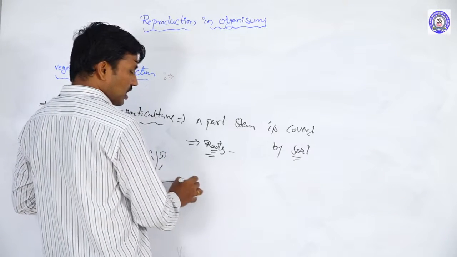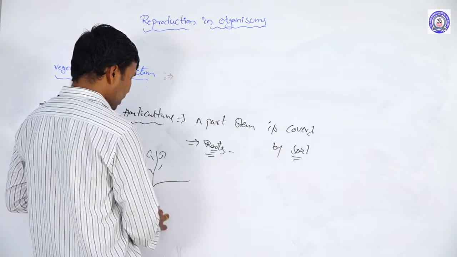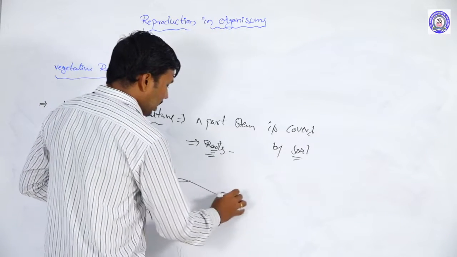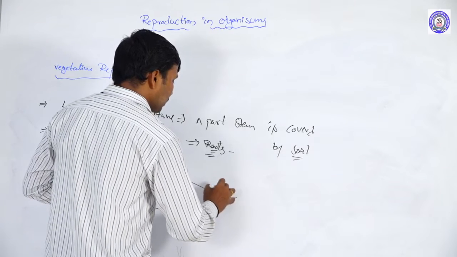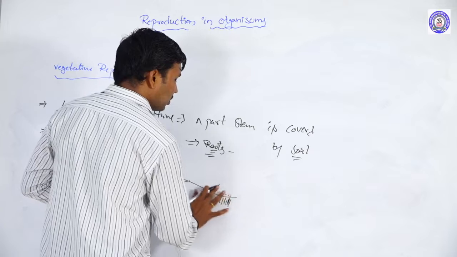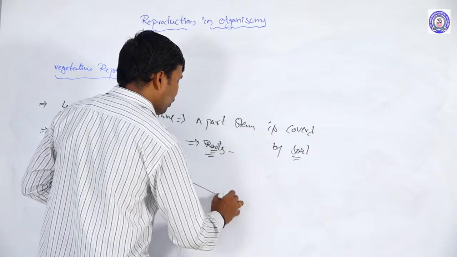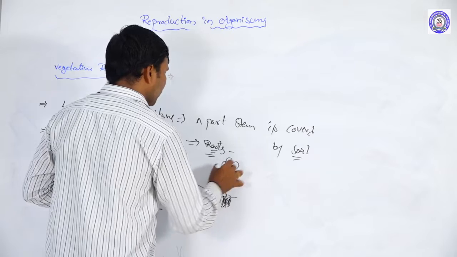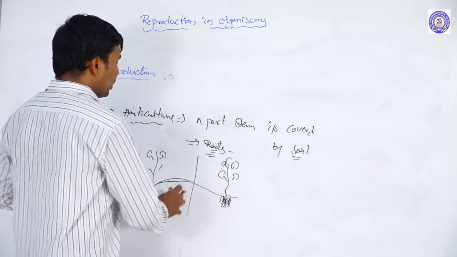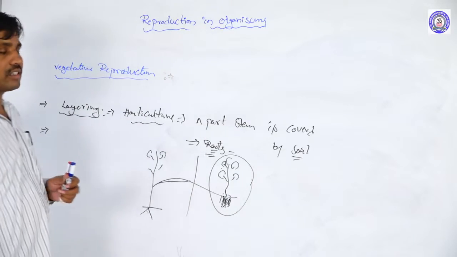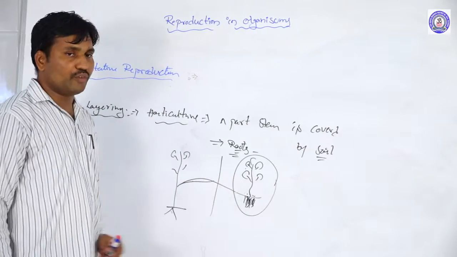For example, we take the stem of this plant and place this part into the soil. Here it produces roots, and stem branches arise from here. Suppose we detach it from the parent, then this part of the plant acts as a new individual.